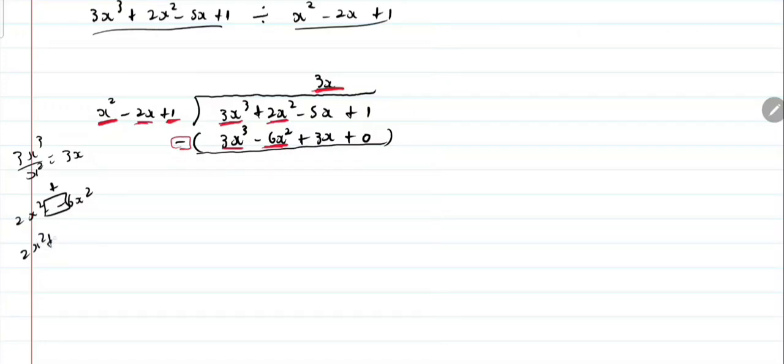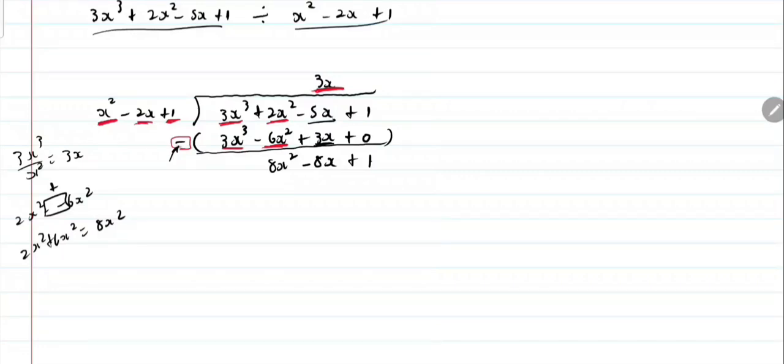So it's 2x squared plus 6x squared, which is 8x squared. Right? So I have 8x squared here. Minus 5x minus 3x is going to give me minus 8x. Right? And 1 minus 0, of course, is going to be 1.